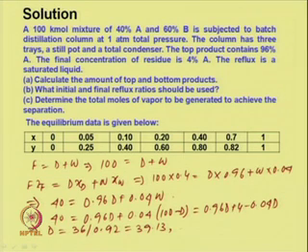W also we can calculate: W would be 100 minus 39.13, which is equal to 60.87.